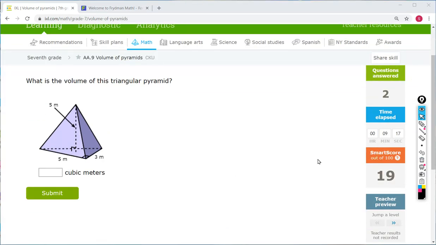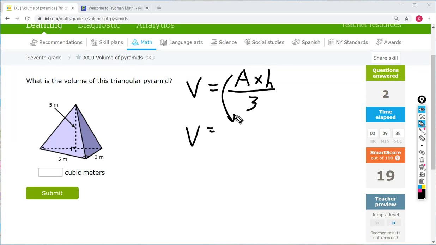All right, what is the volume of this triangular pyramid? Volume equals the area of the base times the height divided by 3. So, to find the area of this triangle, we would do 3 times 5 divided by 2.